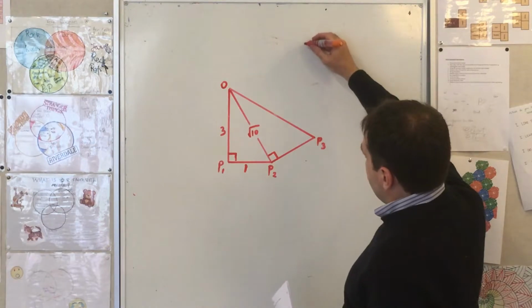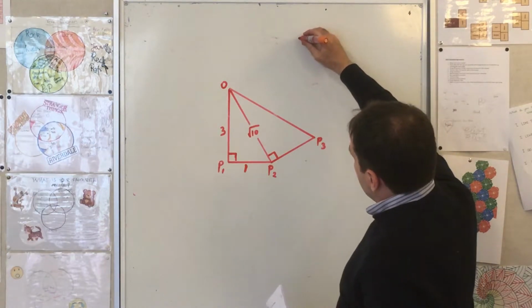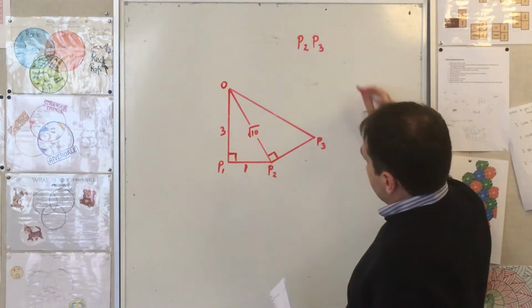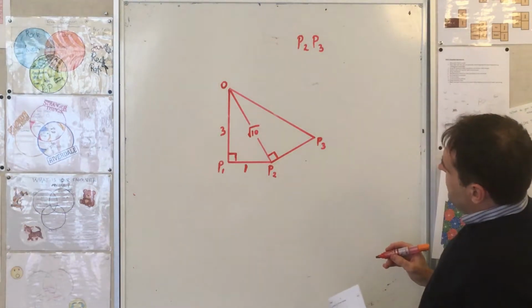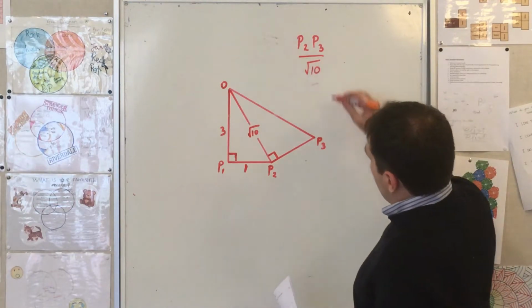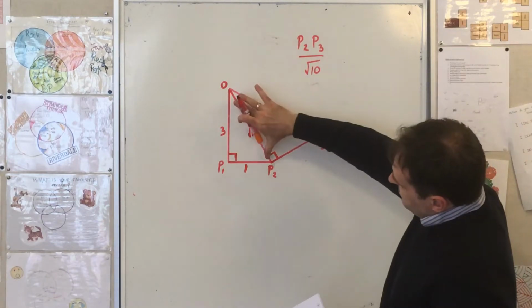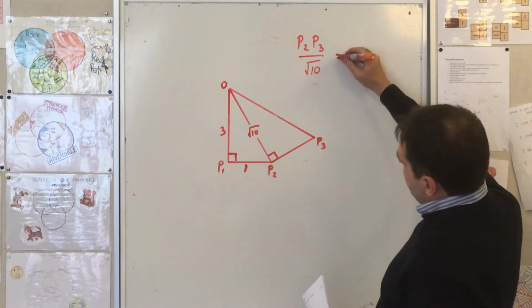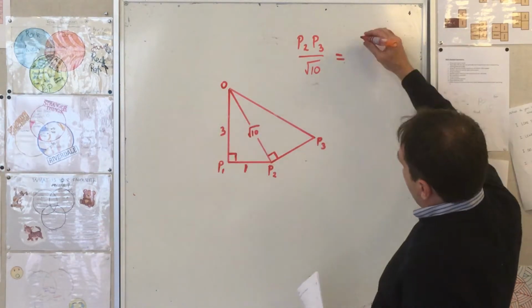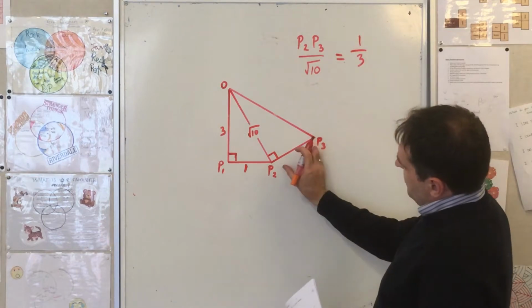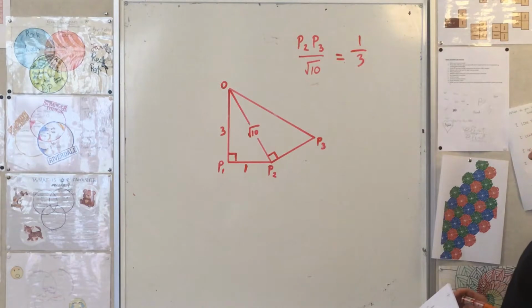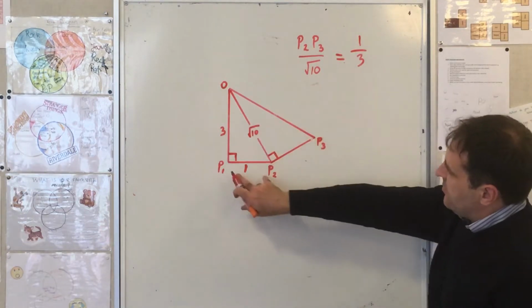So we can write that P2, P3, which we're trying to figure out, divided by square root of 10, so that divided by that, because they're similar, it's going to be the same as 1 divided by 3. So the same two sides, when you divide them in the big triangle or the small triangle, gives the same answer. So that divided by that equals that divided by that.